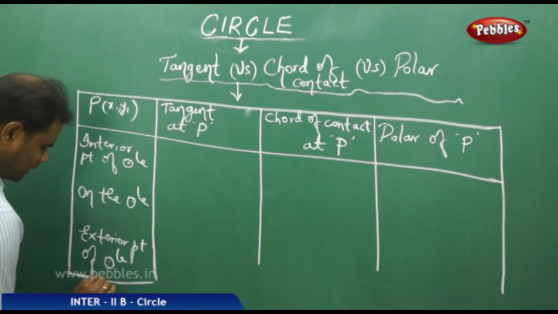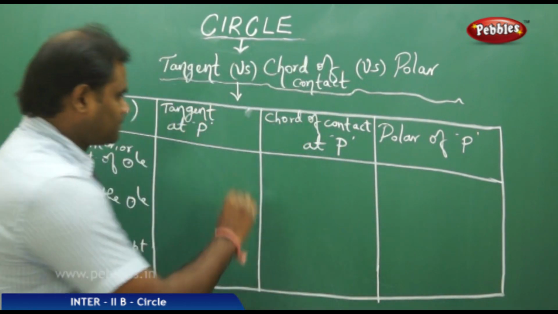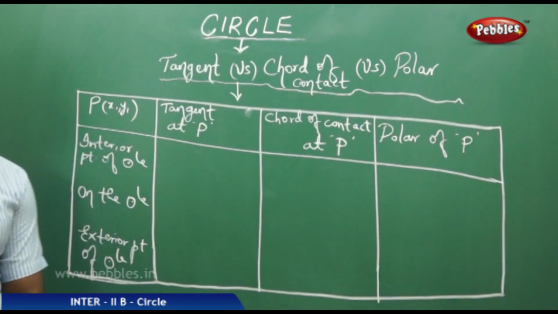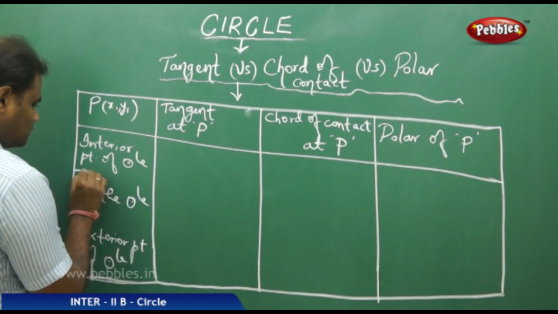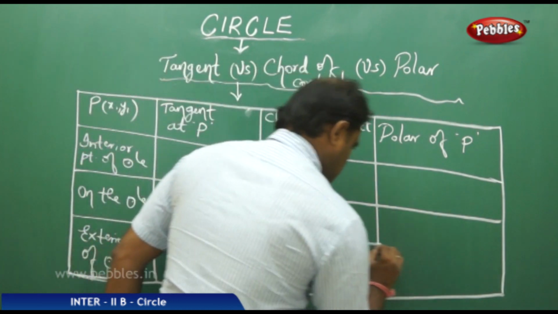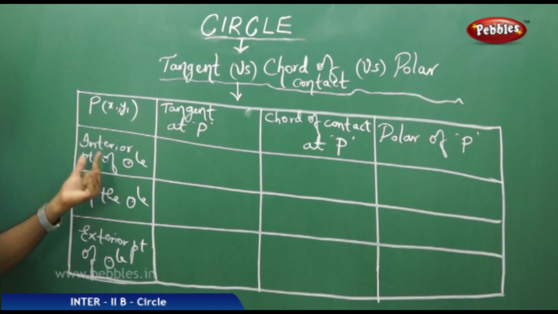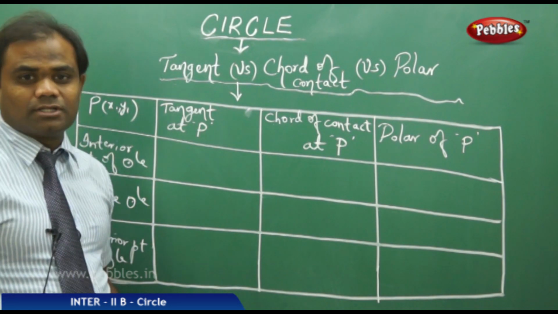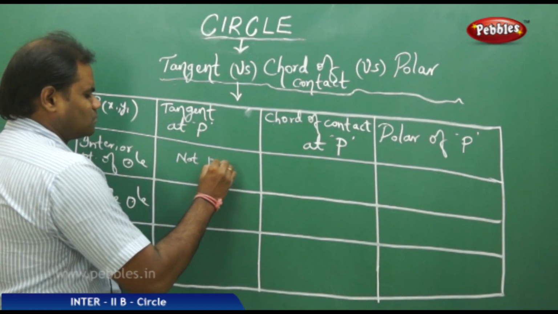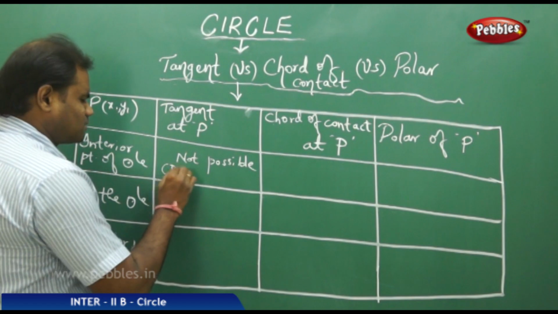This is how we have the three cases through which we understand the tangent, the chord of contact, and the polar of P. So coming to case 1, the tangent at P: if I take a point inside the circle, we know that a tangent is not possible. So no tangent exists.